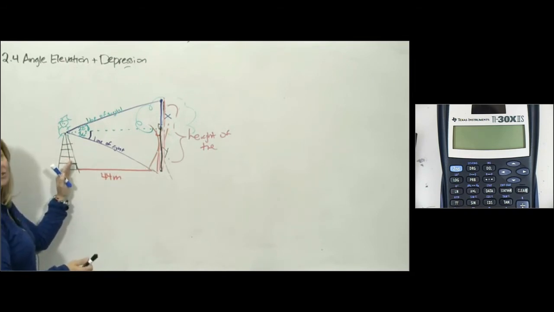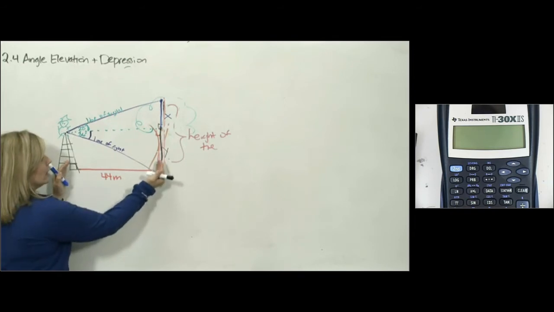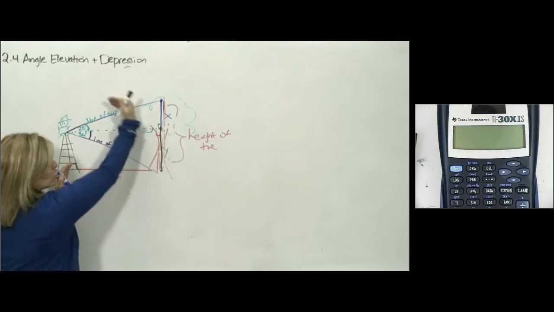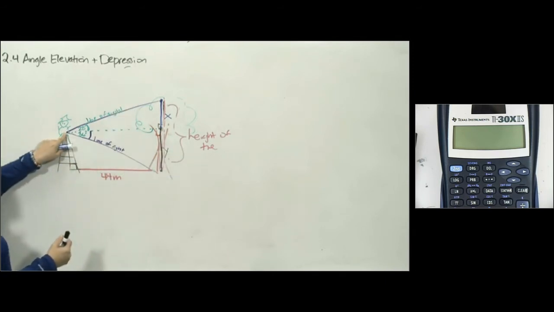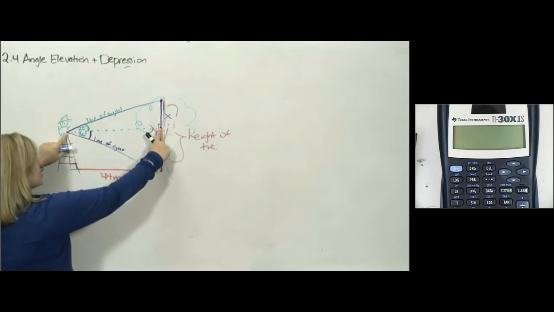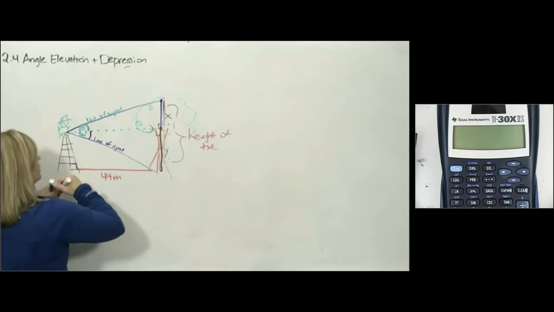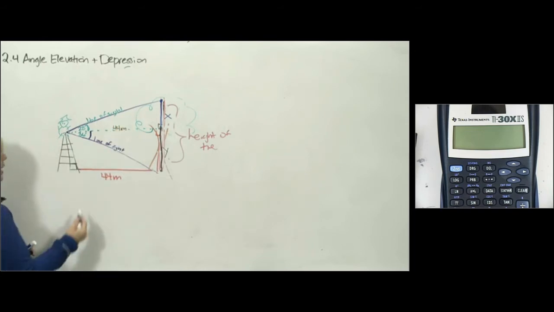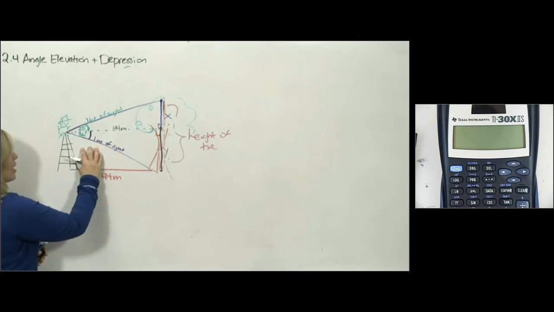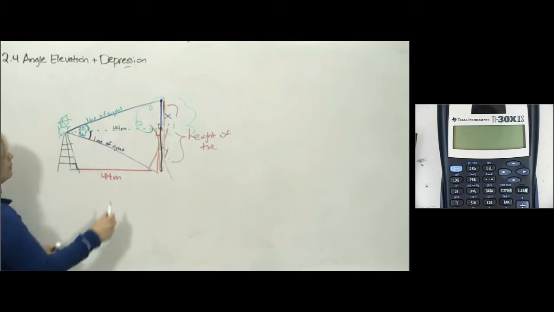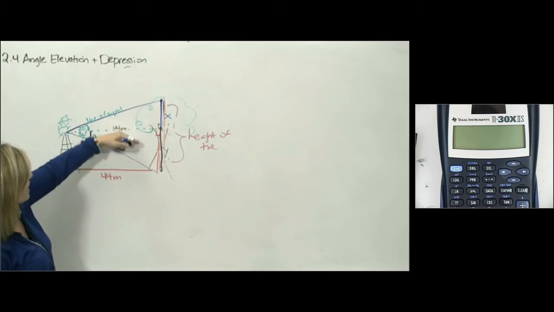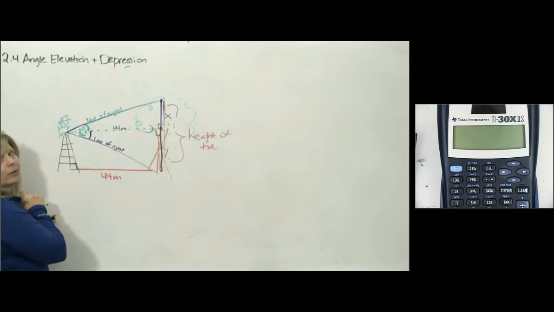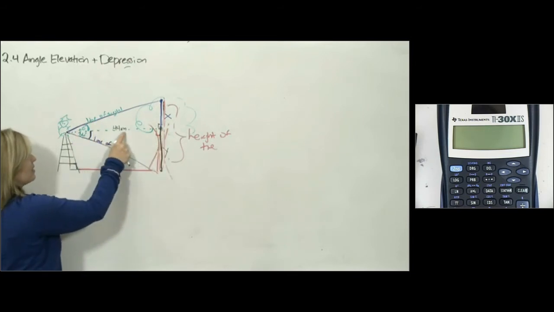If the base of the tower to the base of the tree is 44 meters, unless this tree is crooked, from where the ranger is on top to the distance here should also be 44 meters. Do you all agree? If you realize this, if this is a right triangle and this is a right triangle, we've made a rectangle. And the lengths of the rectangle are equal. So now you do have a side inside this right triangle. And you do have a side inside this right triangle.